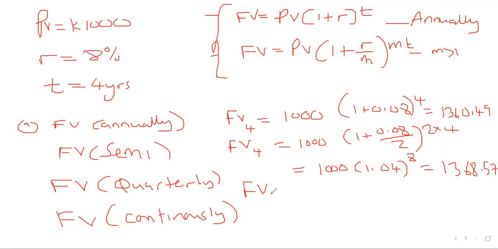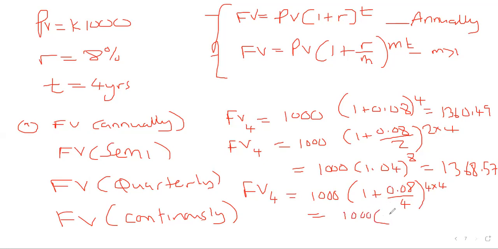Suppose we are compounding quarterly. What will happen here? We have 1,000, and here we're going to have 1 plus what? Quarterly is over 4. Correct. So the 4 will be here, and the 4 multiplied by the time, which is 4.